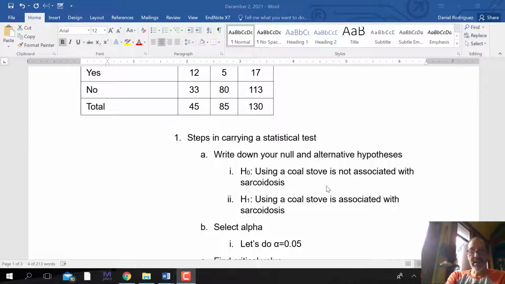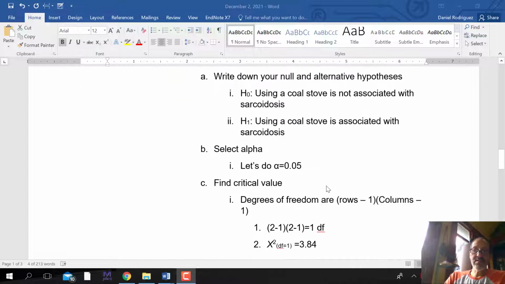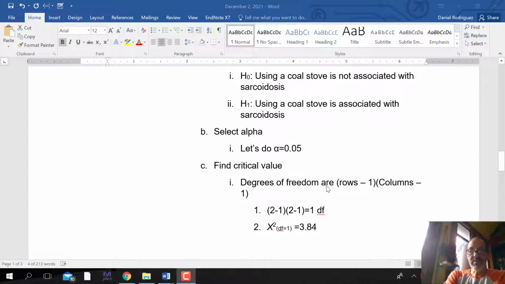Sometimes you'll see H sub A. It's using a coal stove is associated with sarcoidosis. Our alpha level is the probability of a false positive result, which we select in this case to be 0.05. That means we'll select a 5% chance of being wrong, or at least being wrong in that we have a type 1 error, false positive result.